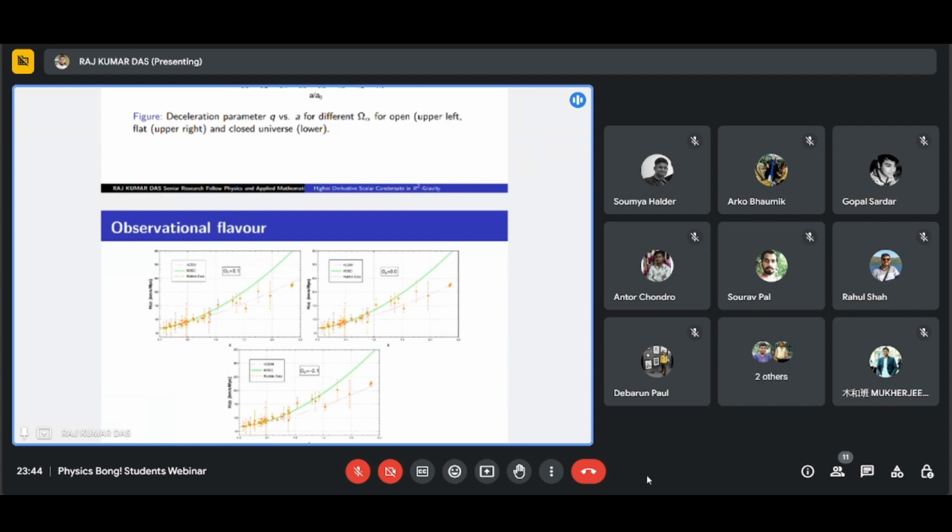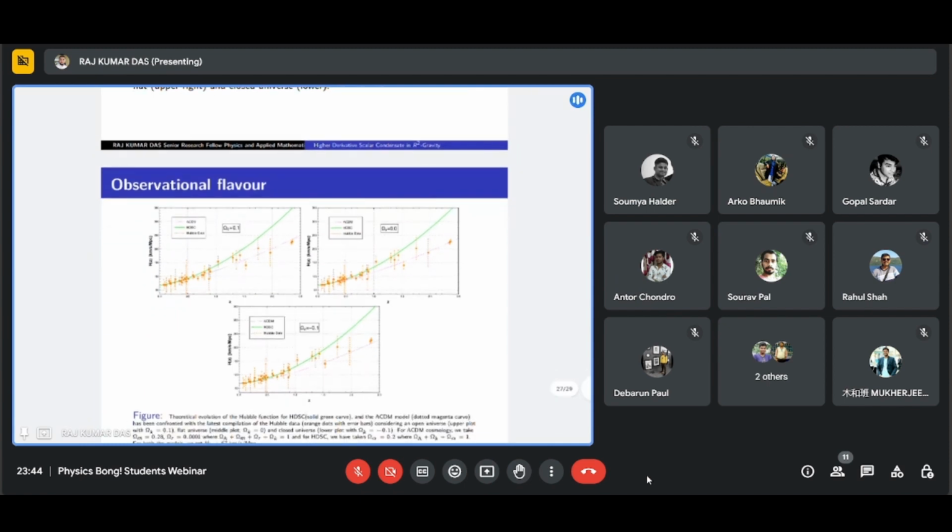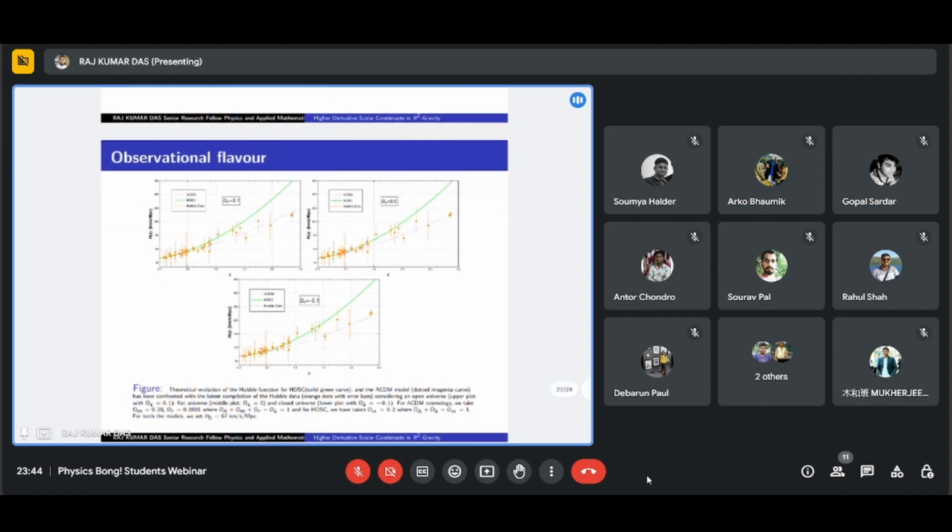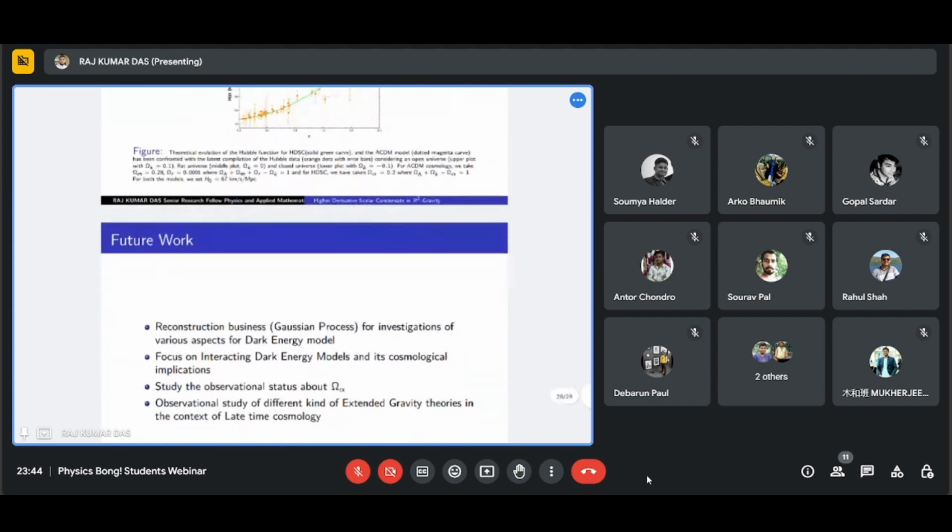We have shown that the low redshift data is supported by the data and also matches lambda CDM, but at high redshift it is not matching, because at high redshift you are going very fast, but in the present epoch it supports our Hubble data. And here we have stopped our investigation, and now we have some future work according to this scenario.